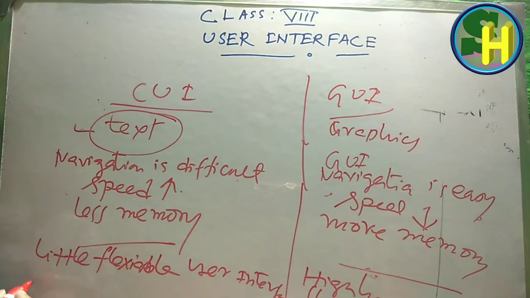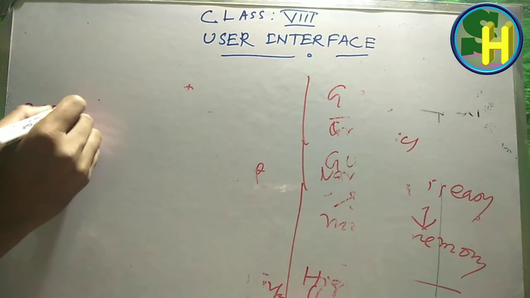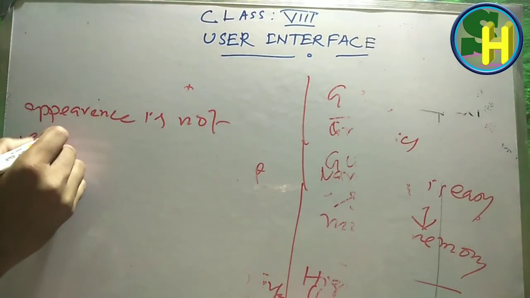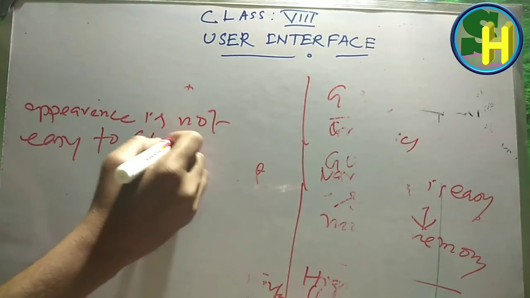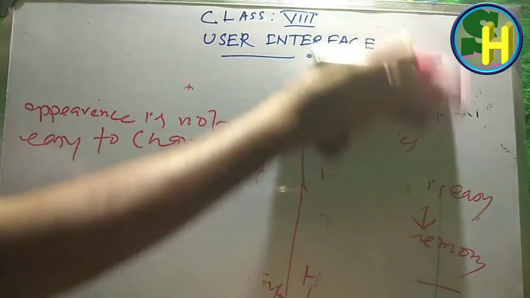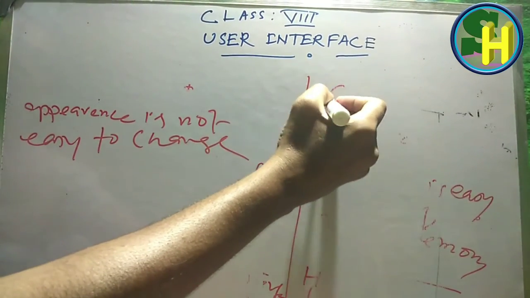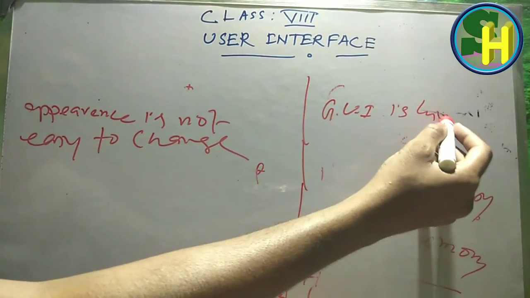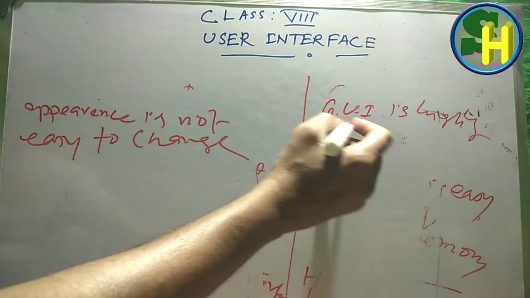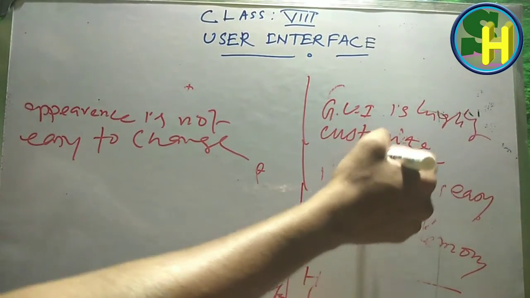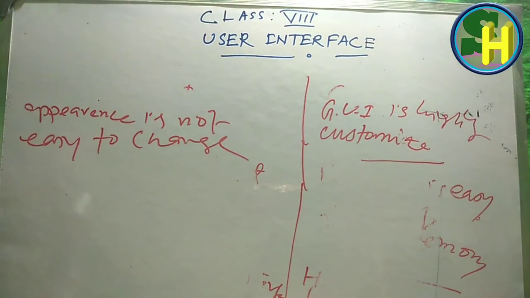CUI appearance is not easy to change, but GUI is highly customized. Highly customized means you can change it anytime as your requirement.